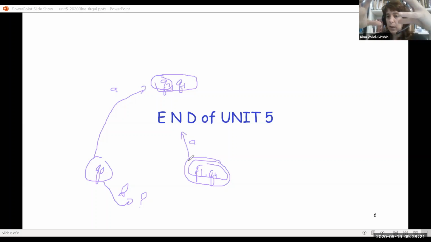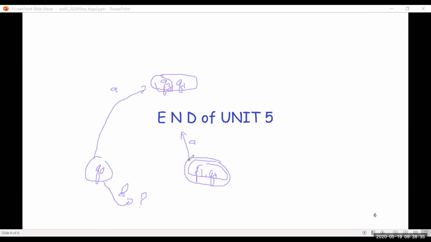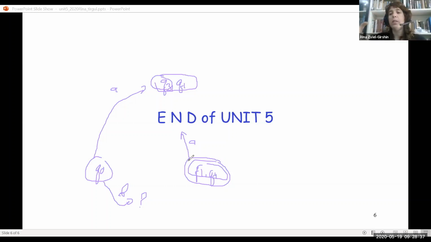You unite where you can go with A, and now you perform epsilon closure on this group. And if you have additional states, you add them. Every time, for one letter, go to all the states you can go, unite those states, compute epsilon closure for these states, and add the additional states that you can reach to your group.